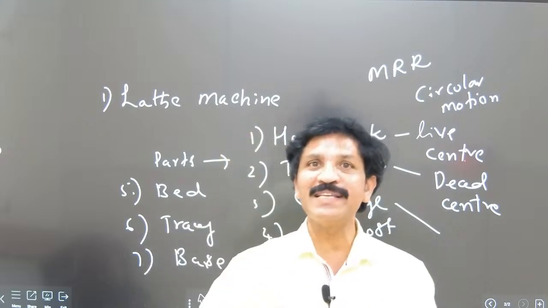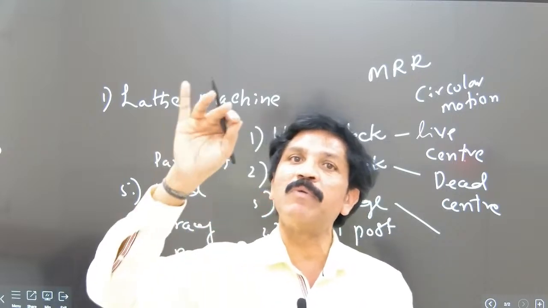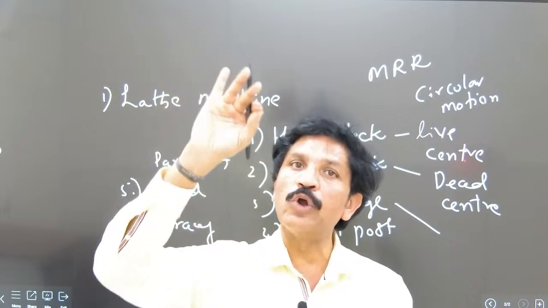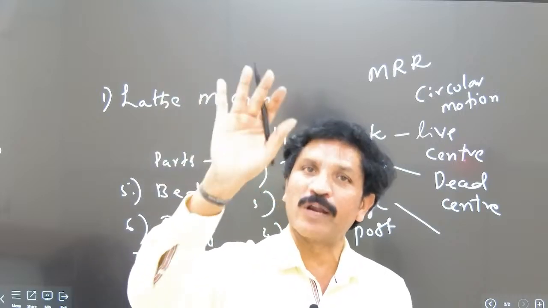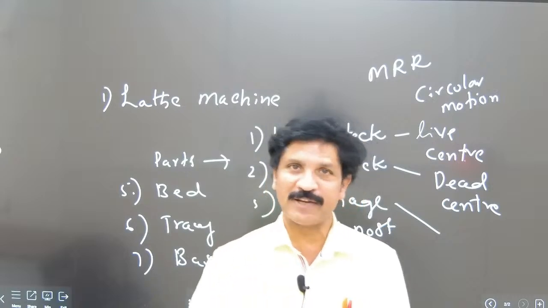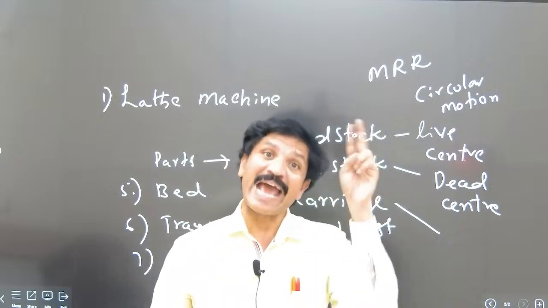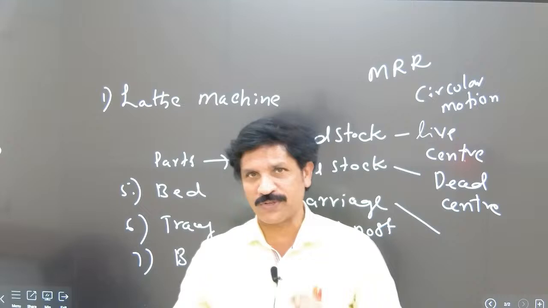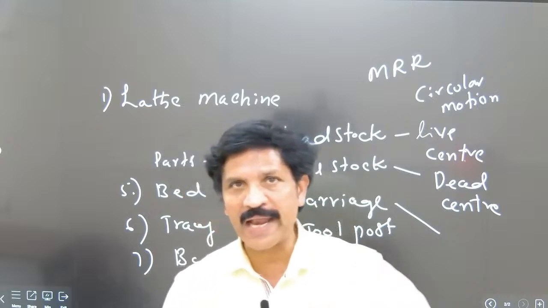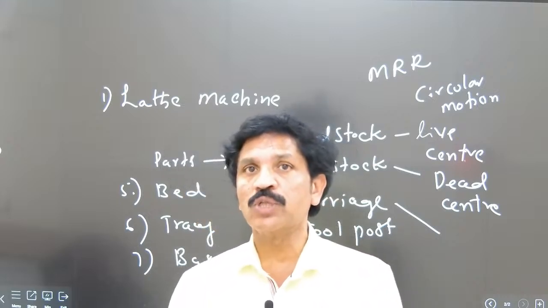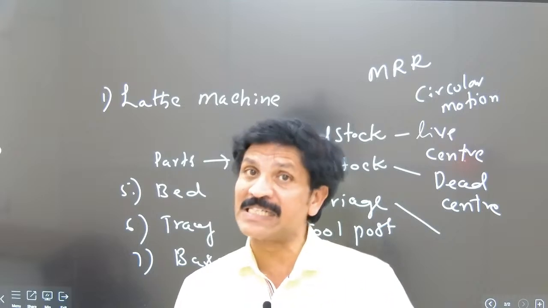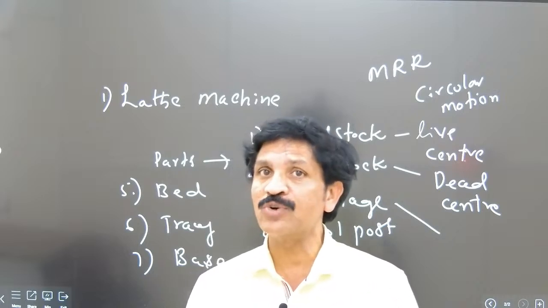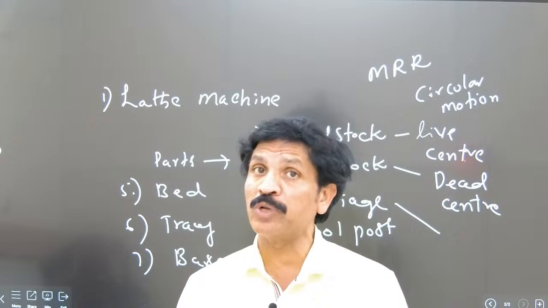The name itself says carriage. Carriage means it has to carry some of the parts which are going to operate on the workpiece. So what are the parts here? The carriage is carrying the tool post. The tool post is firmly fixed because no deviations are expected during the operation.